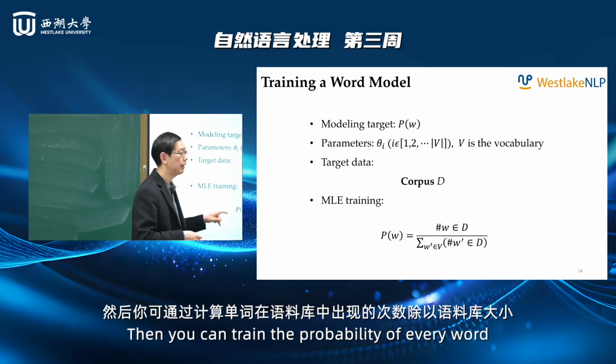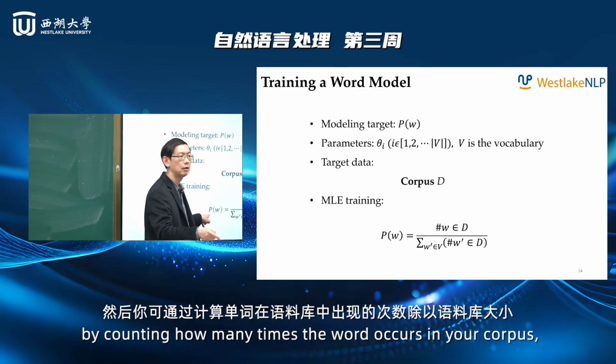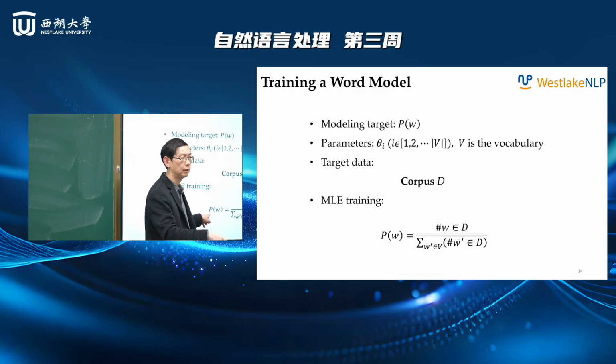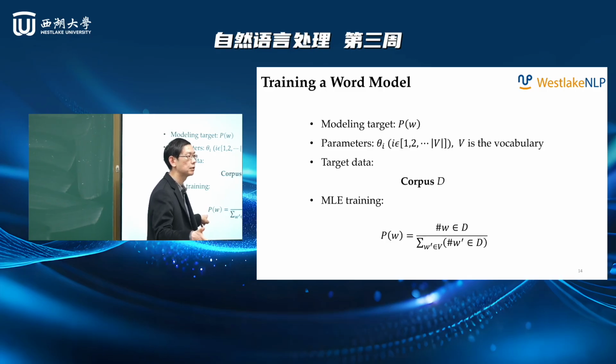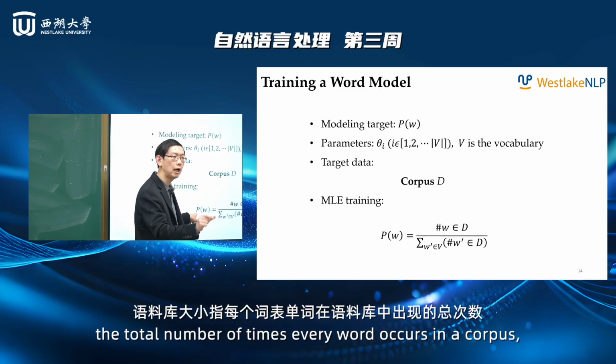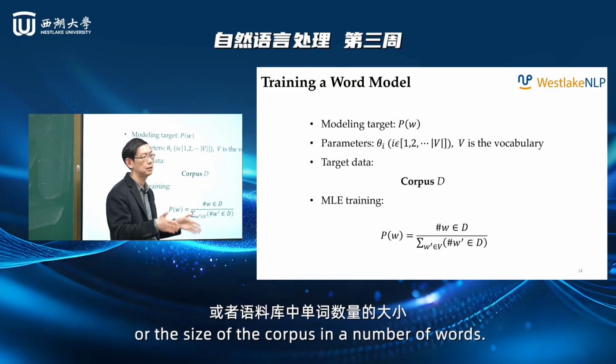Then you can train the probability of every word by counting how many times the word occurs in your corpus, divided by the total number of words in your corpus, or the size of the corpus in the number of words.